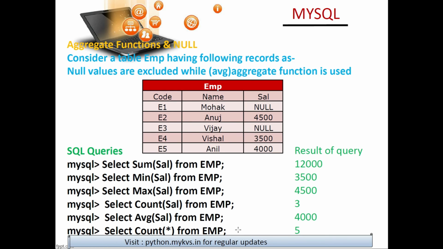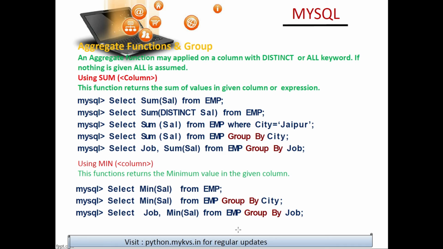Now you see here, an aggregate function may be applied on a column with the distinct or all keyword. If nothing is given, all is assumed. The function returns the sum of the values in the given column or expression.